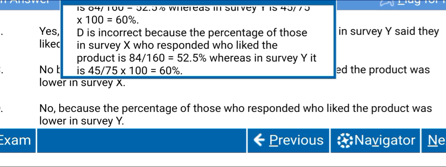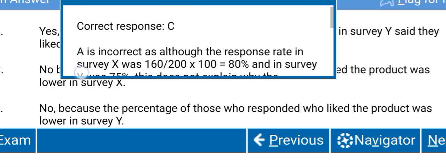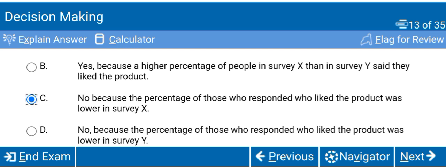D is incorrect, because the percentage of those in survey X who responded who liked the product is 52.5%, whereas in survey Y it is 60%. So the correct option is option C, which is no, because the percentage of those who responded who liked the product was lower in survey X.